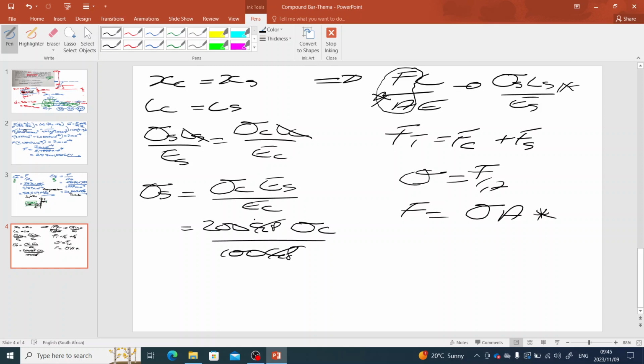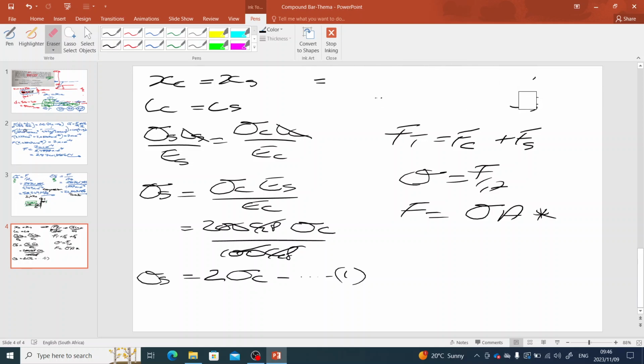The giga and the giga will cancel out. The 0 and the 0 will cancel out. Then I am left with stress steel equals 2 stress copper. I will make this equation 1. Okay.